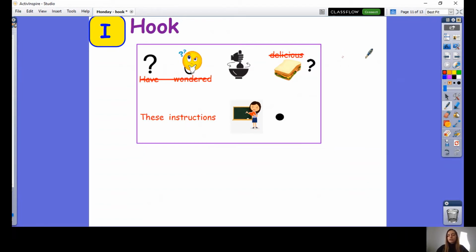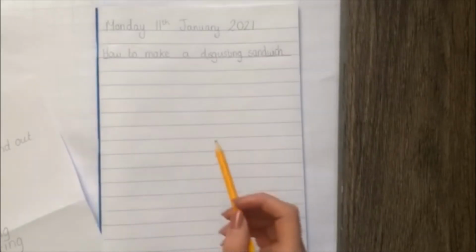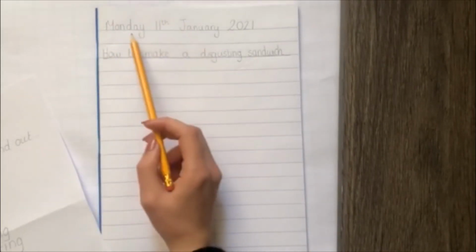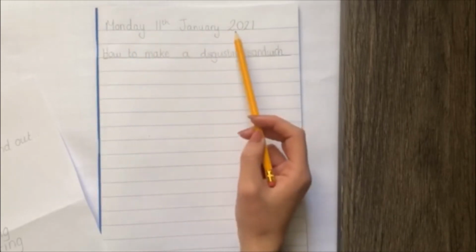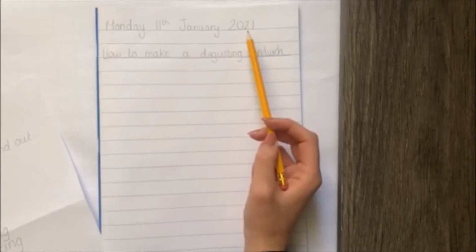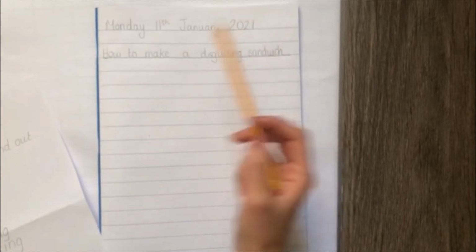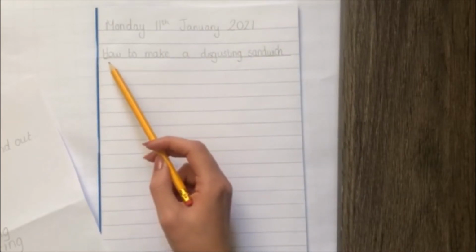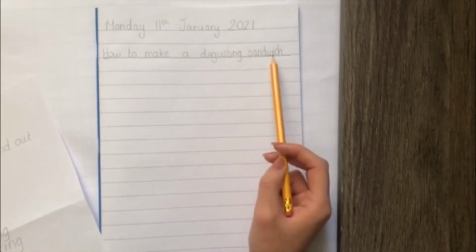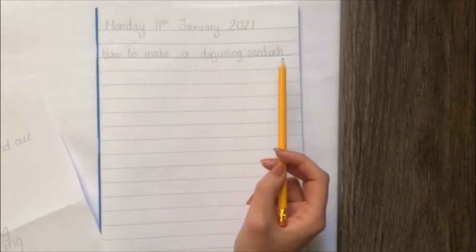So I'm going to have a go now at writing my sentences. So year 1, on my piece of paper here, I have the date today, which is Monday the 11th of January 2021. And I have my title, How to Make a Disgusting Sandwich, and I have underlined that with a ruler.